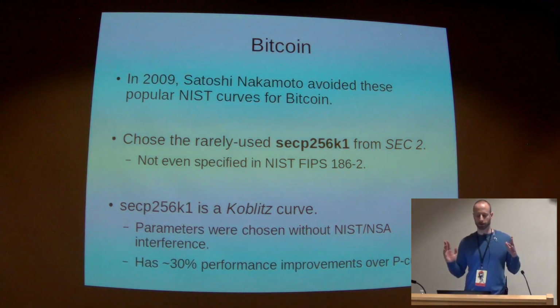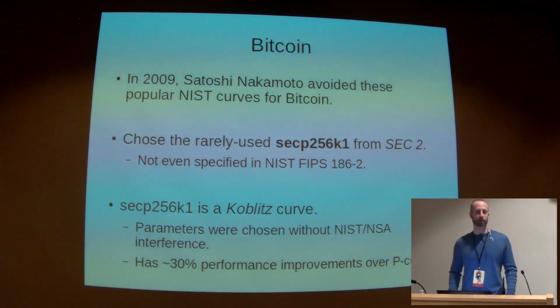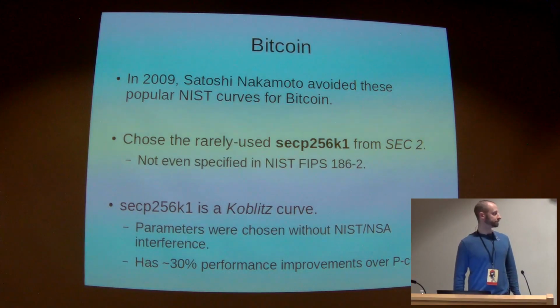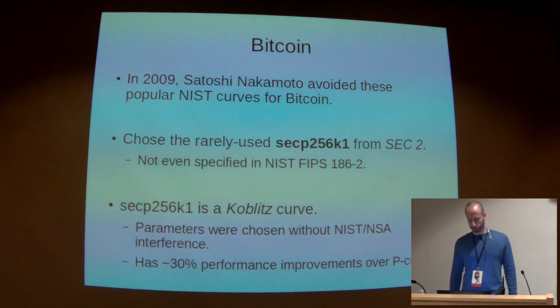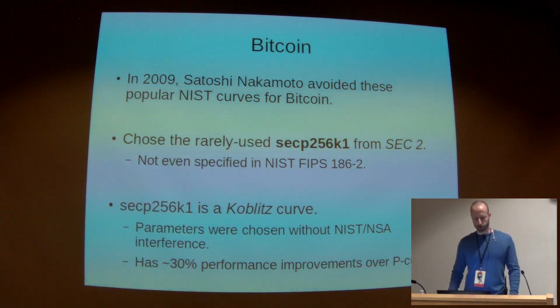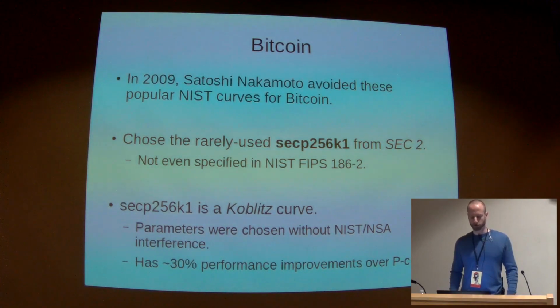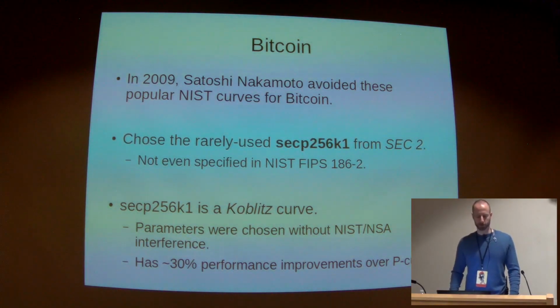It's not even defined in the NIST standard at all. They just decided they wanted to stay clear of that entirely. And if you look into that curve a little more, you can see that the parameters are chosen, and it seems pretty decent. It's also got a nice performance benefit of 30%.